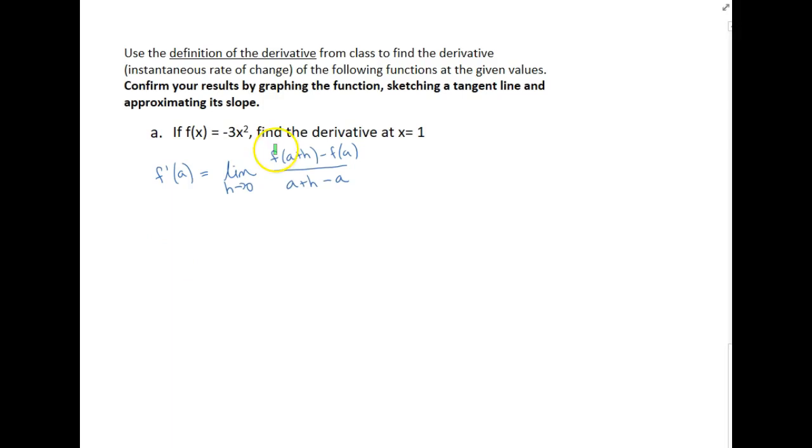This is similar to what we did in class, finding instantaneous rates of change. When we find an average rate of change as a rise over a run on an interval, we go from some x value to a little bit beyond it. For example, from 1 to 1.1, from 1 to 1.01, from 1 to 1.001, and so on, looking for a limit, which is the instantaneous rate of change.